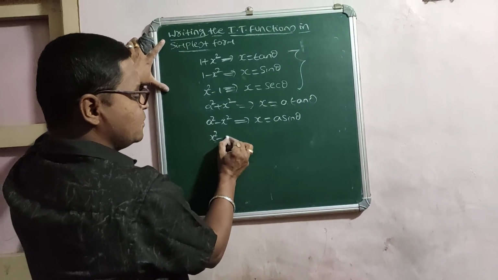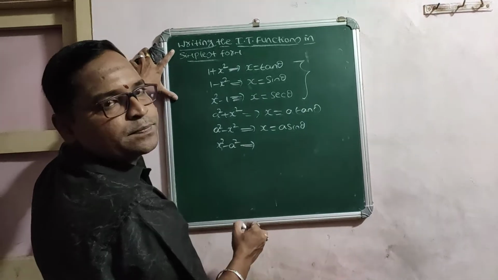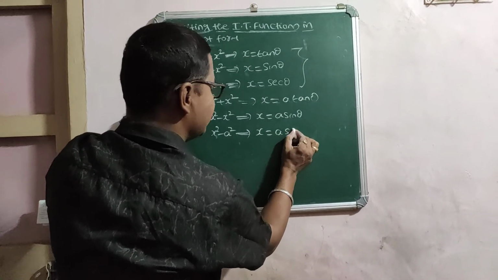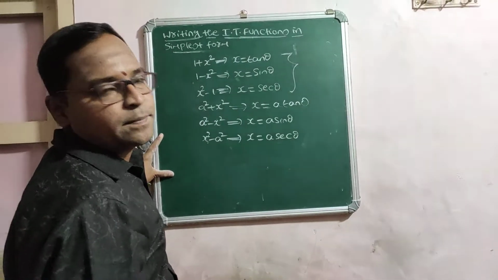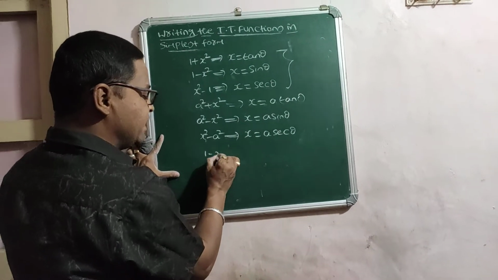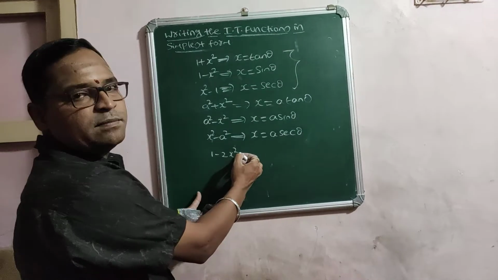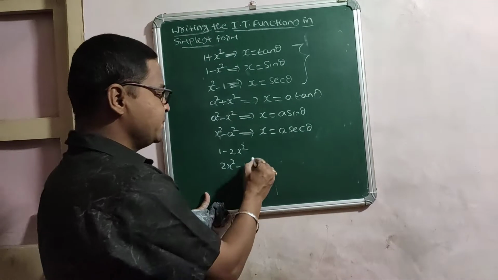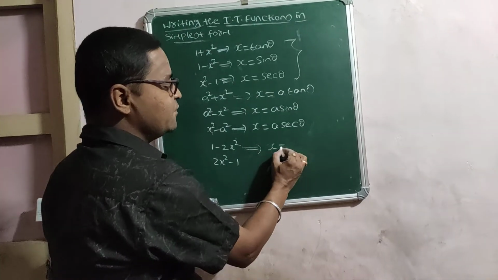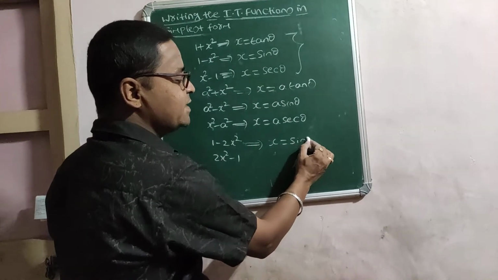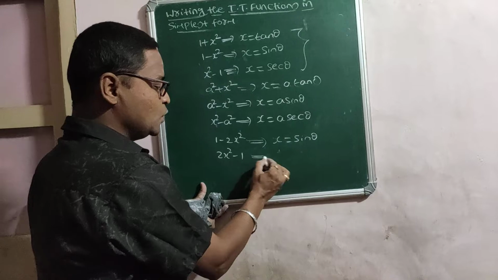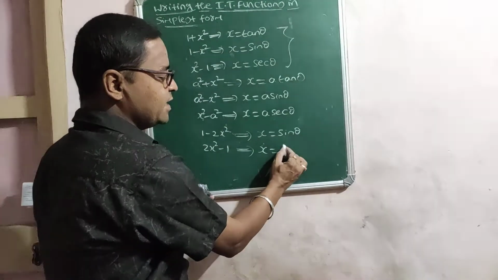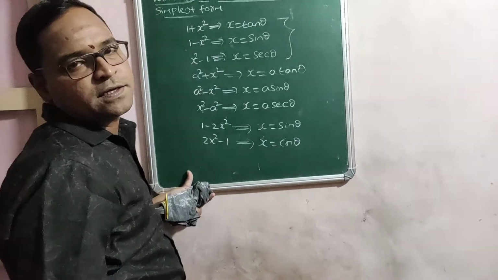Whenever we have x² − a², the substitution can be considered as a sec θ. As we have observed, whenever we have 1 − 2x² or 2x² − 1, the substitution for this will be x = sin θ. For 2x² − 1, we consider x as cos θ.